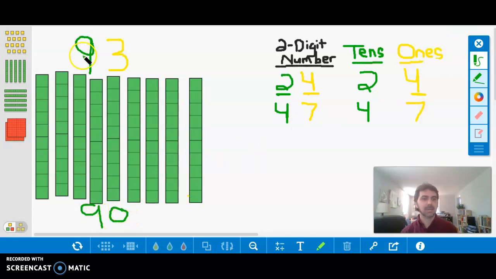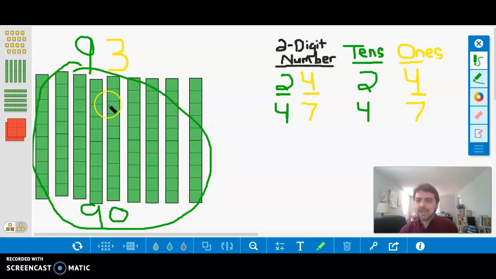Okay, so that's our 9, right? Our 9 shows us that we have 90 Starbursts. Who knew that a 9 could actually mean 90? But when you put a 9 in the tens place, it means you have 9 tens, which gives you 90. So our number so far is 93. And we've already shown that we have 9 tens. Okay? And we also have 3 ones.